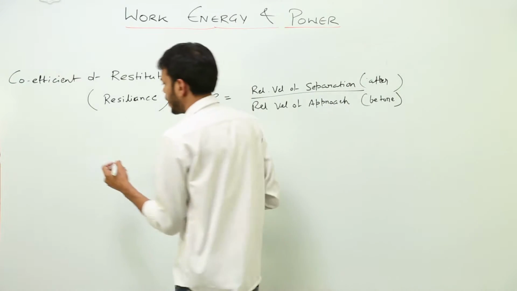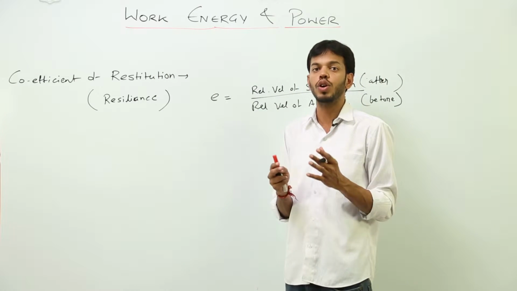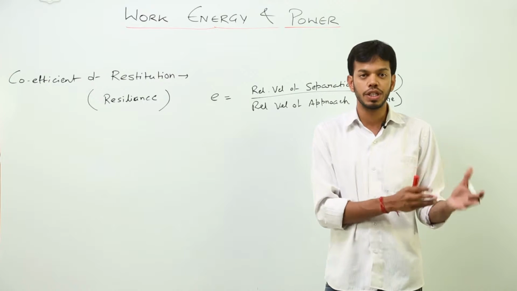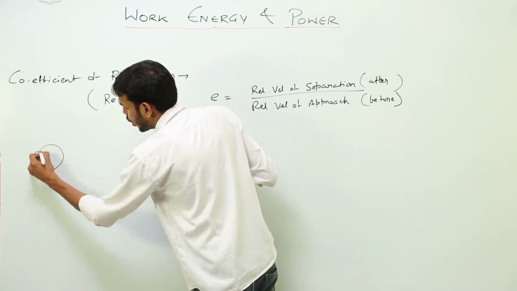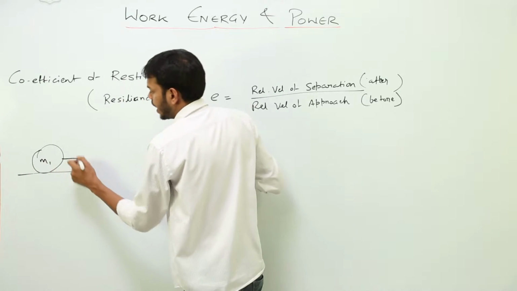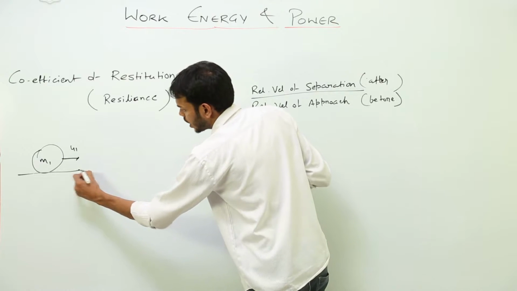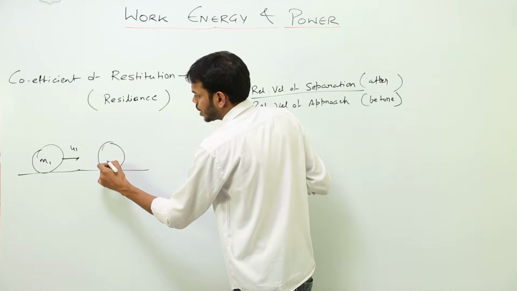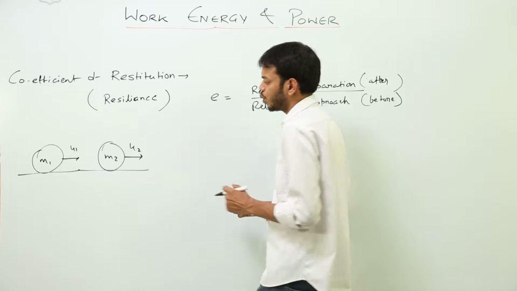Okay, I'll give you an example, which is the same case scenario that we are going to take for deducing the expressions for elastic collisions. First of all, consider a body of mass m1 moving with initial velocity u1, and there is another body in the same direction of mass m2 moving with initial velocity u2.